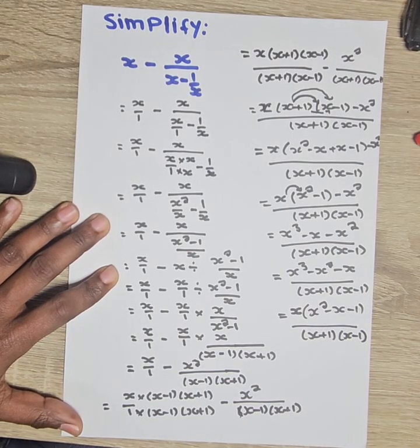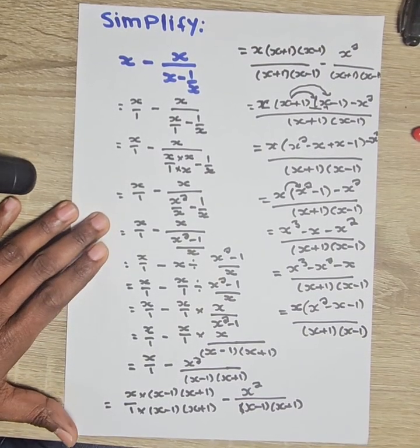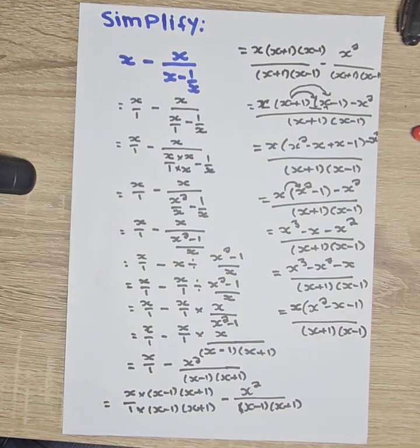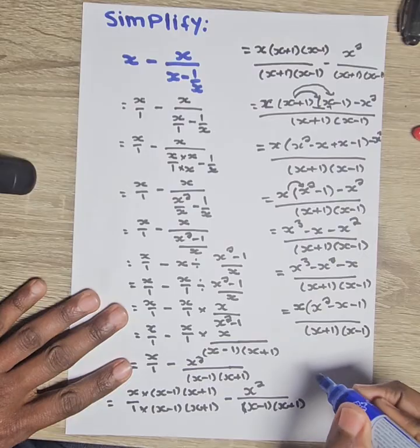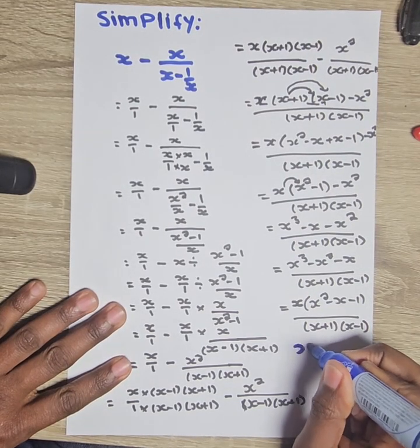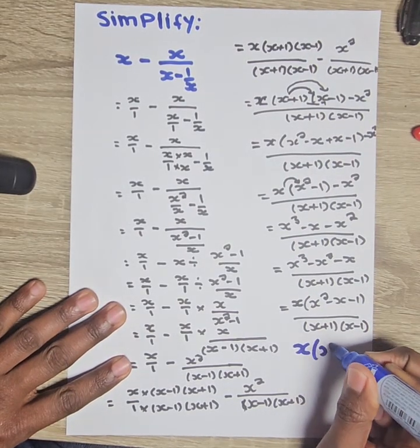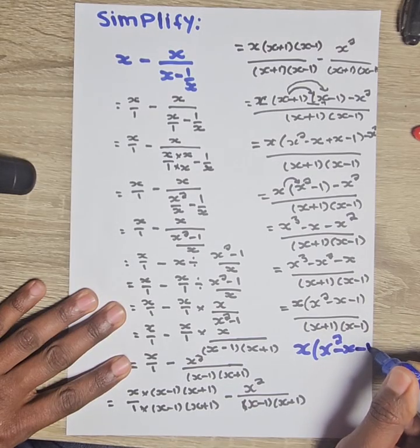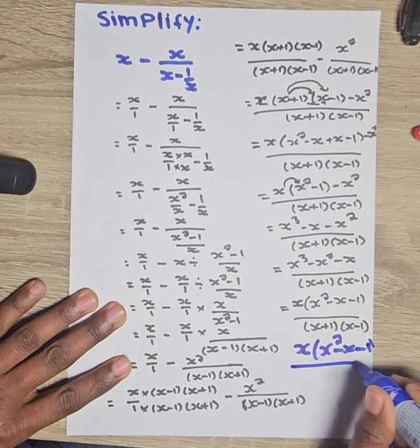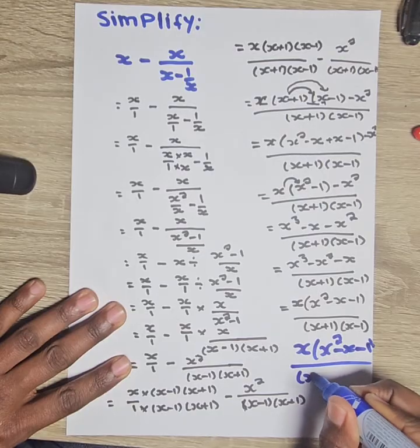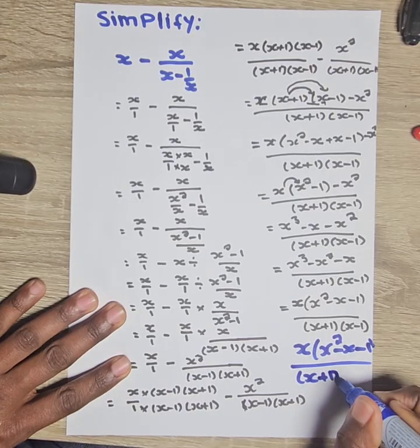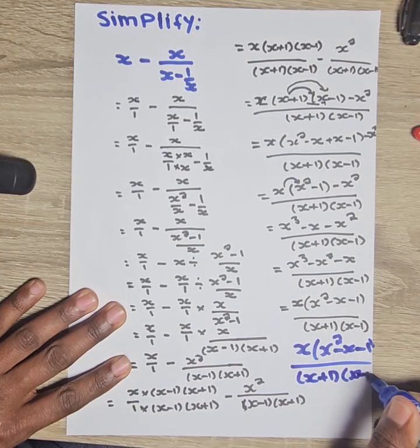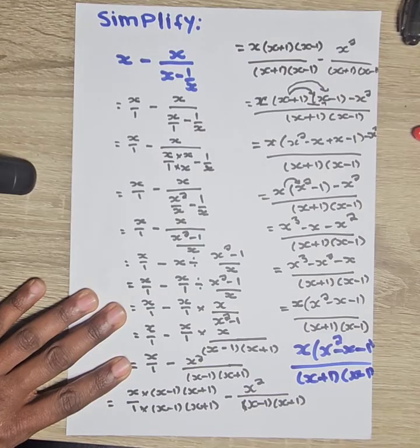That's your final answer. Let me highlight it so you can see. Your final answer is x times x square minus x minus 1 over the bracket of x plus 1 times x minus 1.